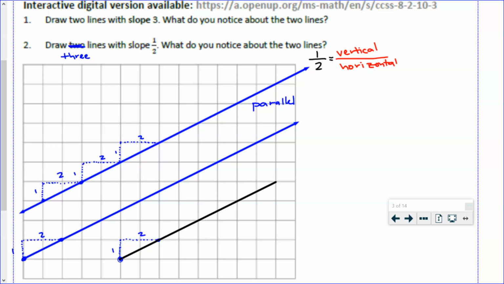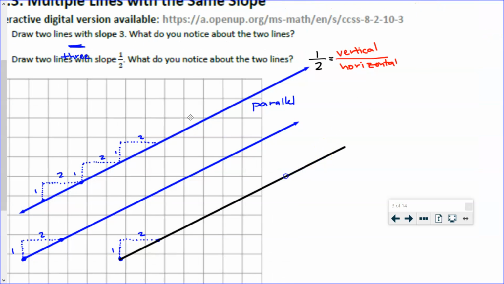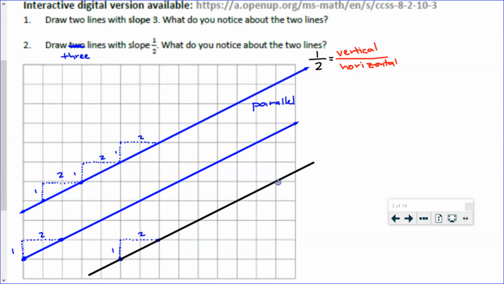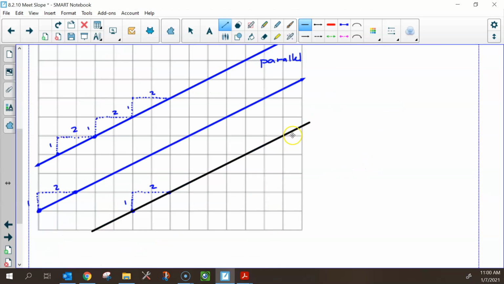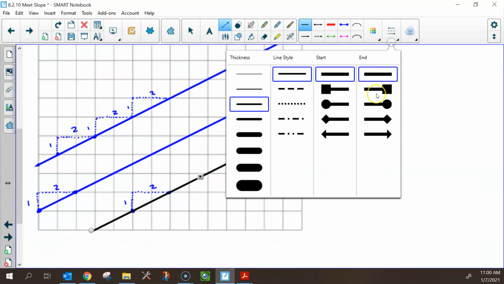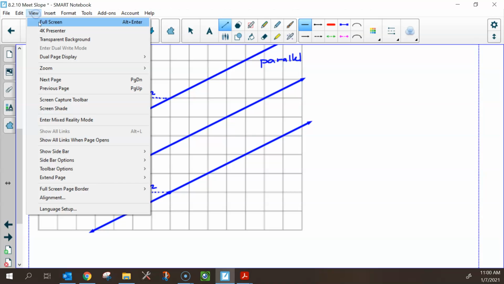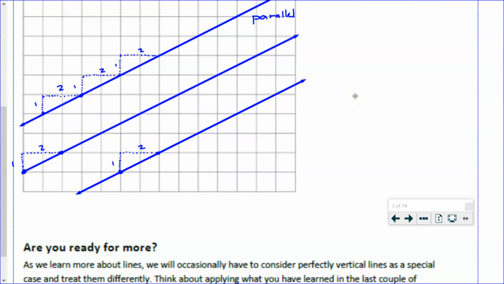And so now I can guarantee that my line is really precise by following that same pattern again. Adding my arrows to show that it's infinitely continuing in each direction. And again, I have a third line with a slope of 1/2.